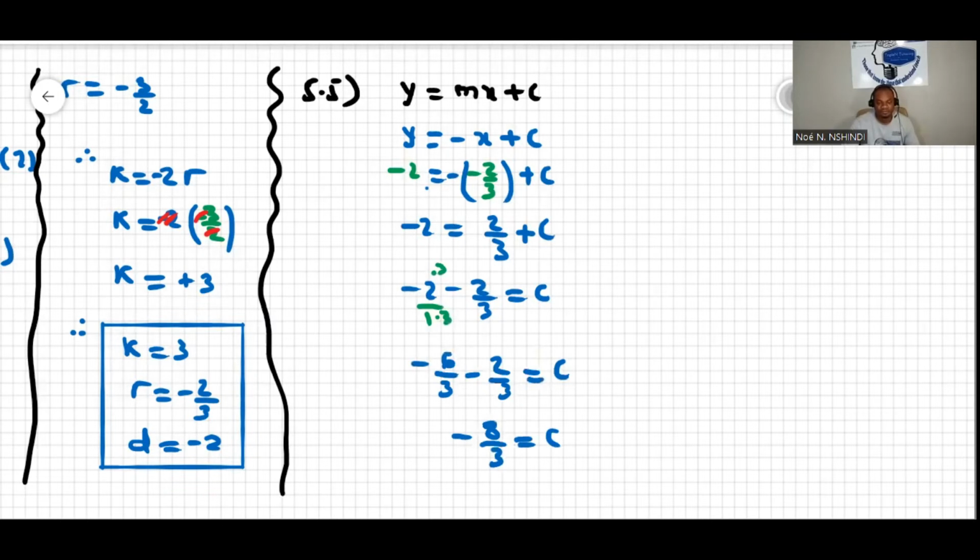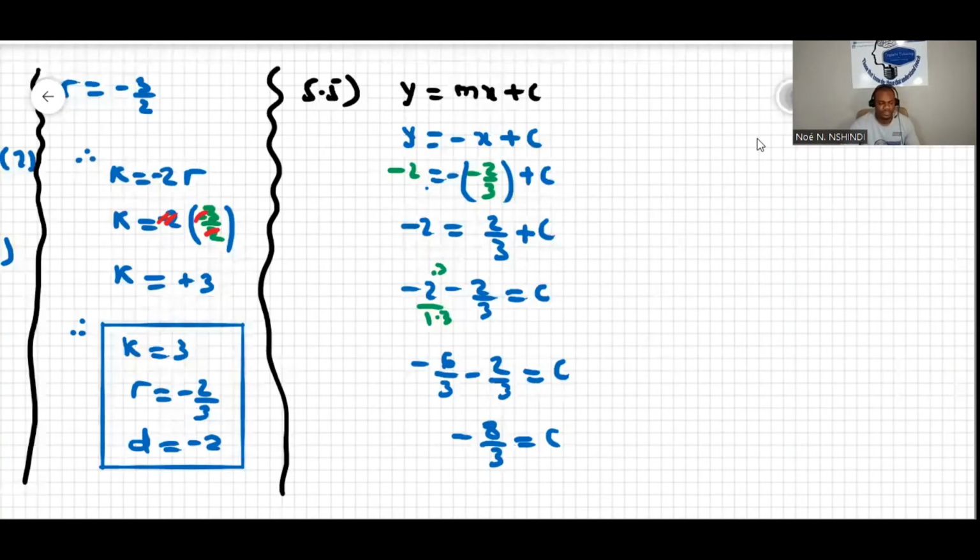Oh, okay, yes, it's a mistake here. I already found it over here. It's -3/2. I also did the right substitution here, but for some reason I wrote -2/3 here. It's -3/2.